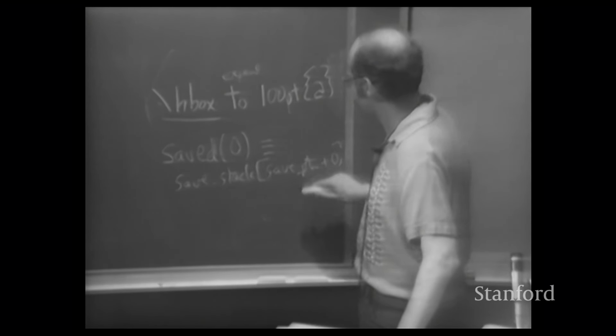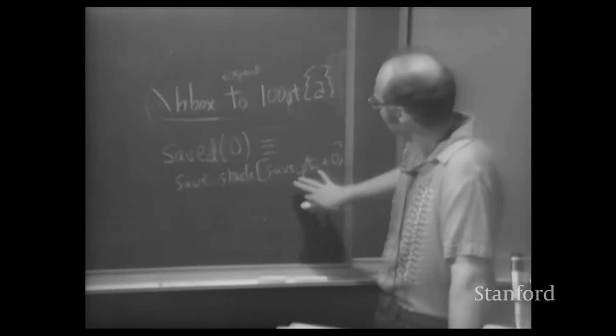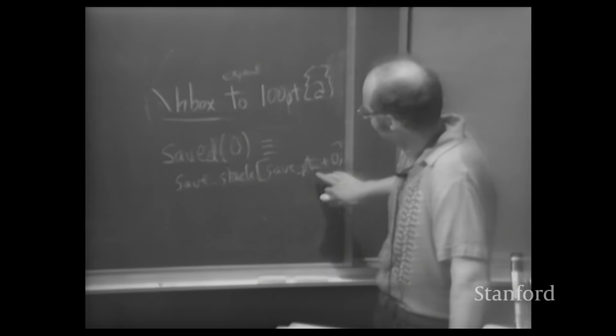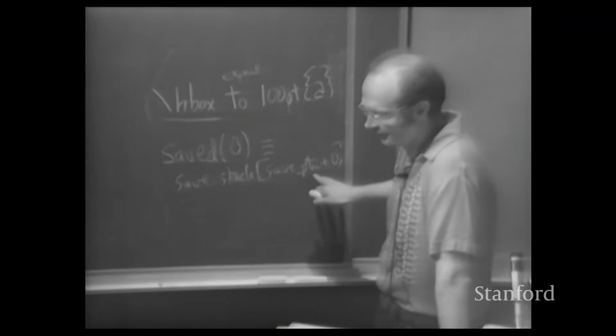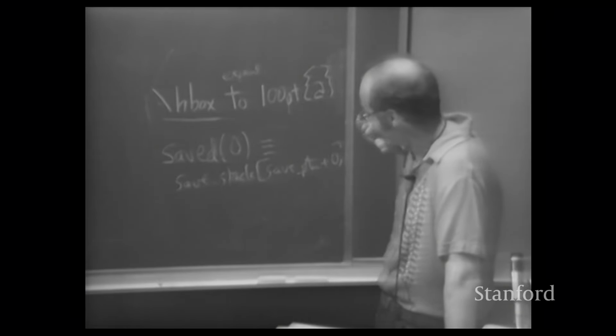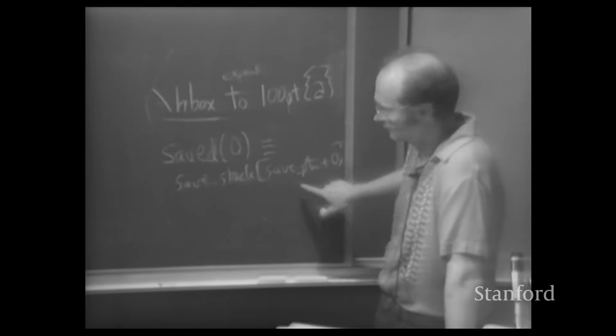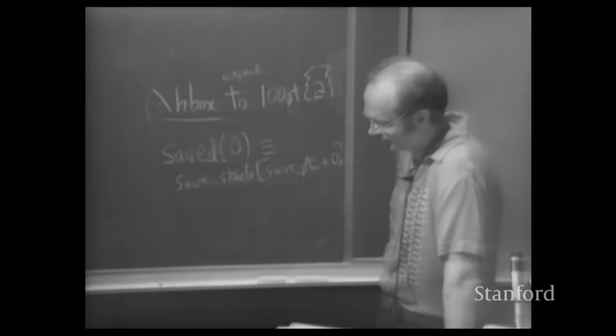And saved 1, the same thing for sticking in a 1 here. So this means it goes at the top of the save stack. Save pointer minus 1 is where the information that's really at the top of the stack goes, and 0 is the first place that's available on that stack.